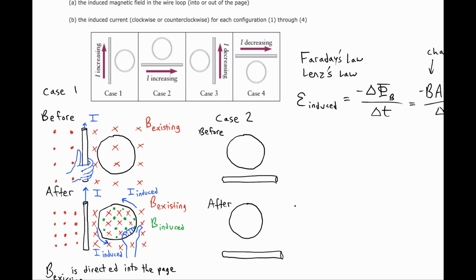Okay. So at the start of this, the current is small, and then it gets bigger. Right hand rule. Grab the wire like this.